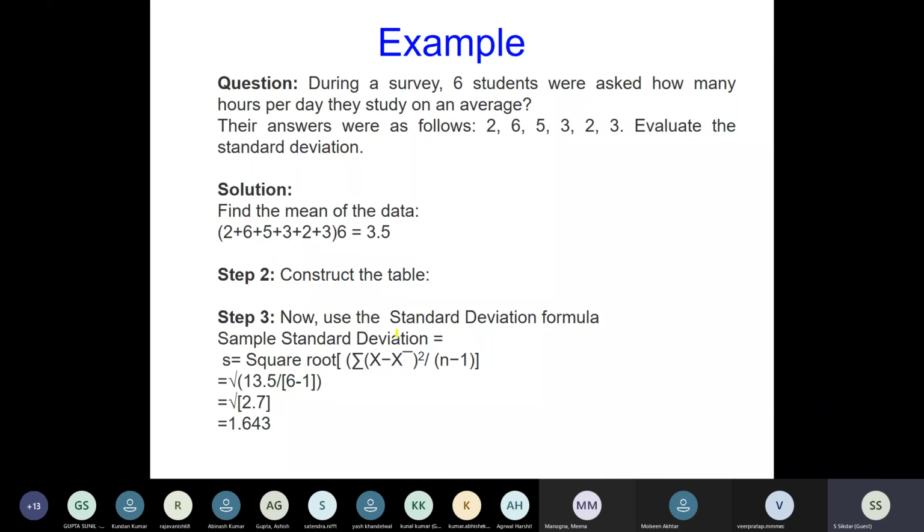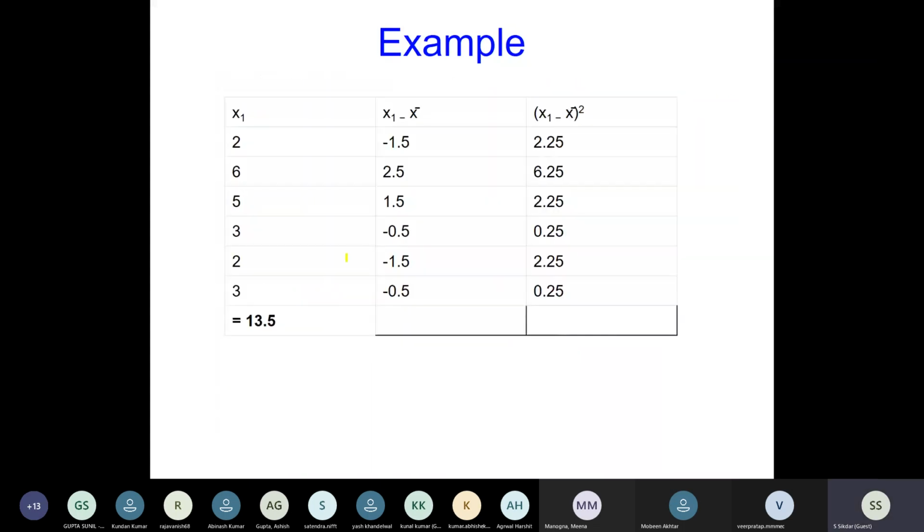So I would always suggest that you make a table: first the difference, then another column with the square of that, then the mean value, and then the square root. That's what has been shown here. The 2653 and the difference have been shown here.